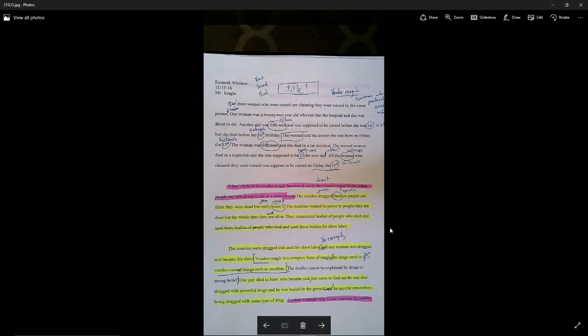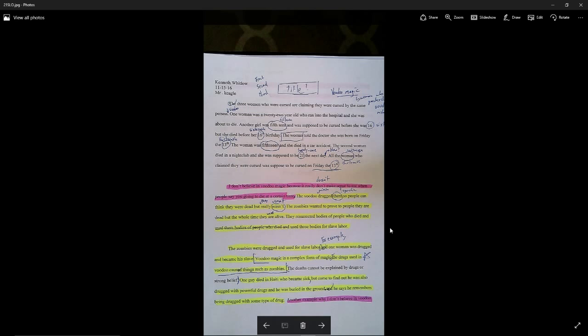The text that's highlighted in yellow is text related to the zombies, and then the text highlighted in pink is text related to his personal opinion on voodoo magic. So what we did as the activity, as a group, is we read through each of the sentences and we determined, okay, which paragraph does this sentence belong to, and we highlighted either yellow or pink.